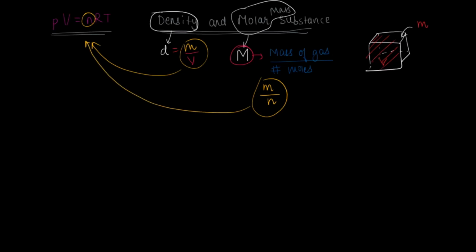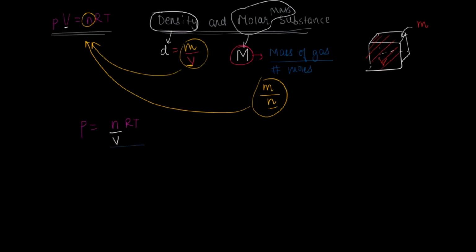Now, what you see here is that you have a V in the denominator, and you have an n in the denominator here. So let's do some manipulations. We can divide both sides by V, just to bring V into the denominator. So this equation becomes P is equal to nRT divided by V. What else can we do?